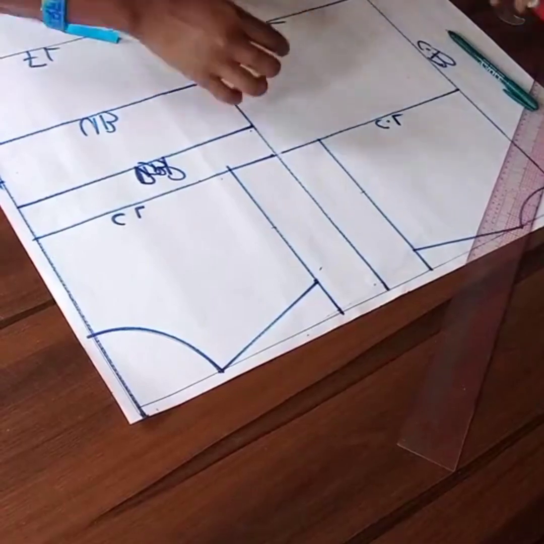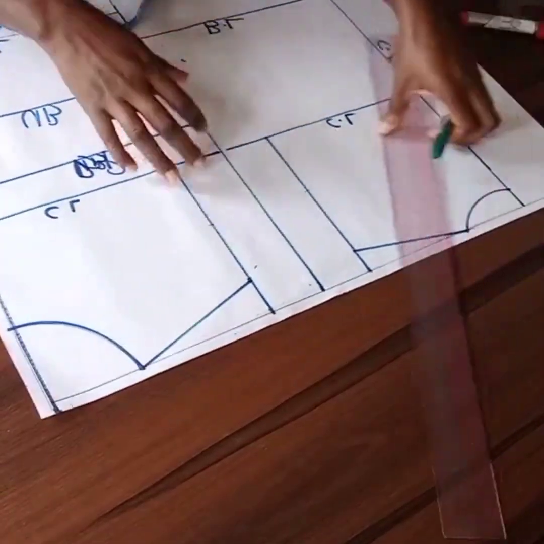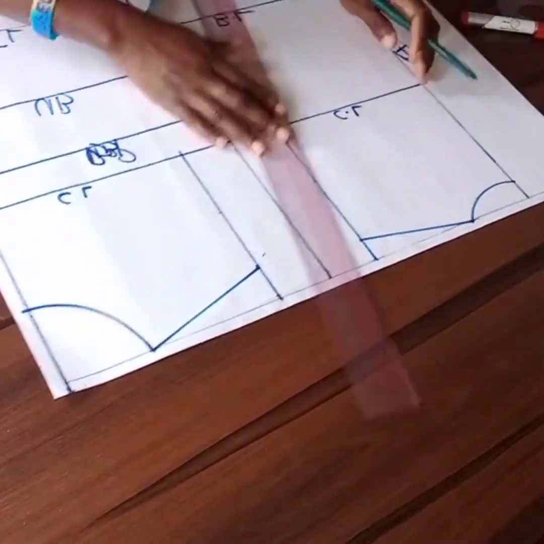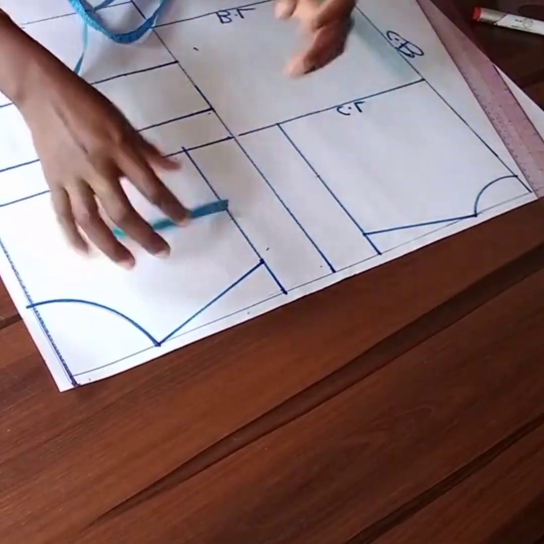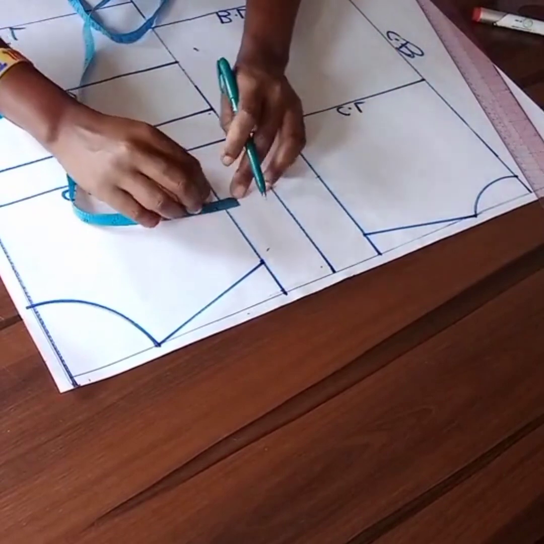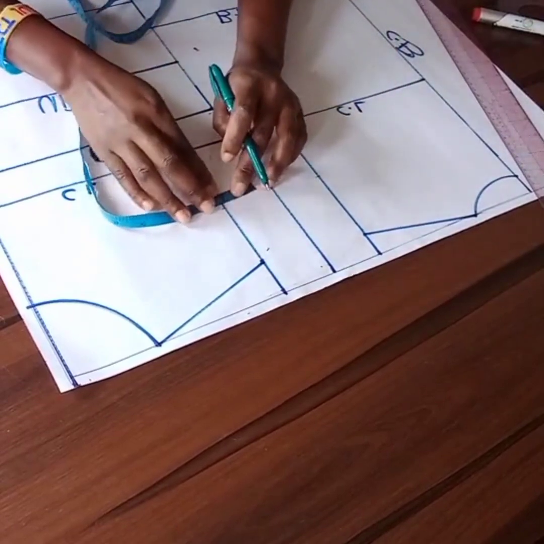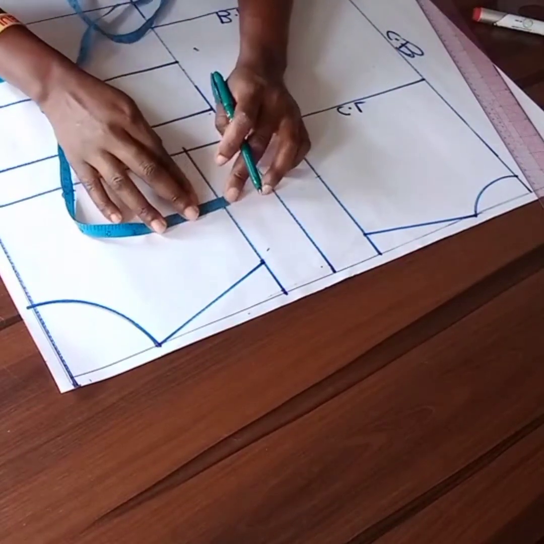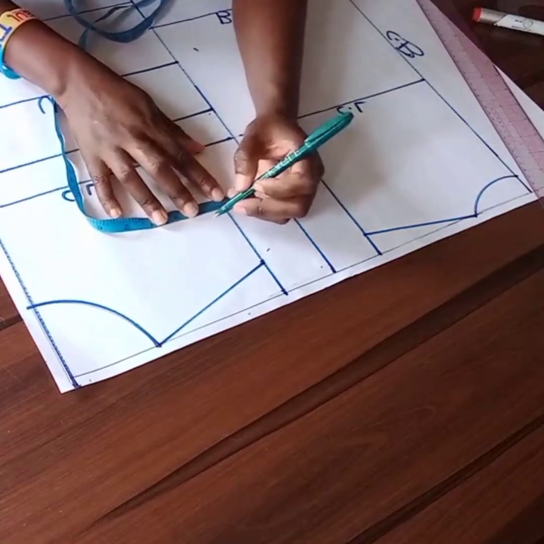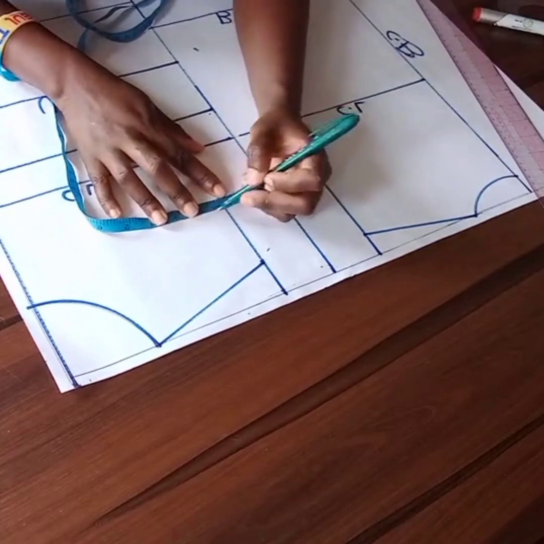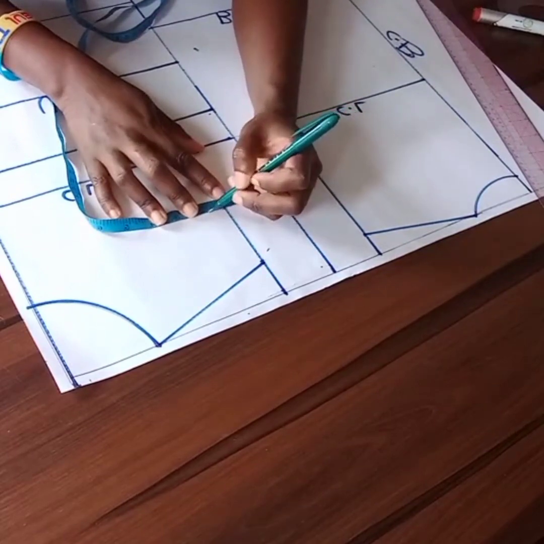So now the next thing we're going to do is to connect it. You will go in on your front to do your armhole contouring. To contour your armhole for the front, I'll be going in by 0.75.